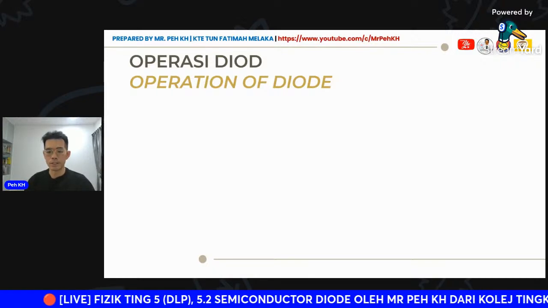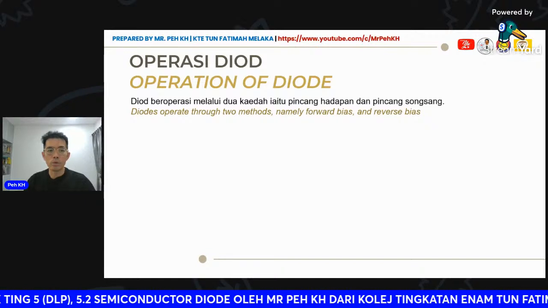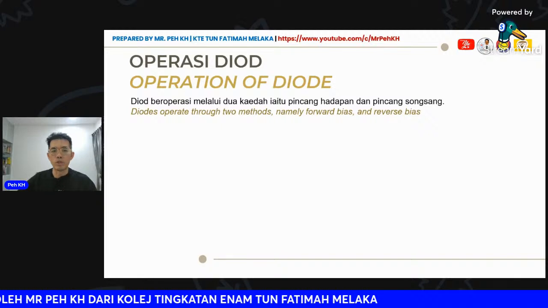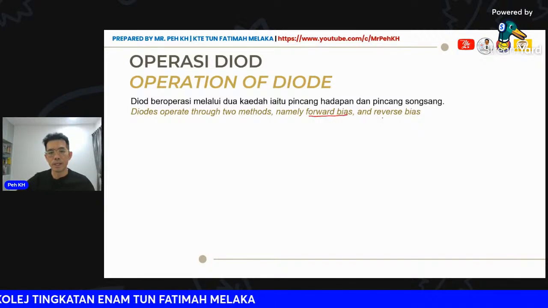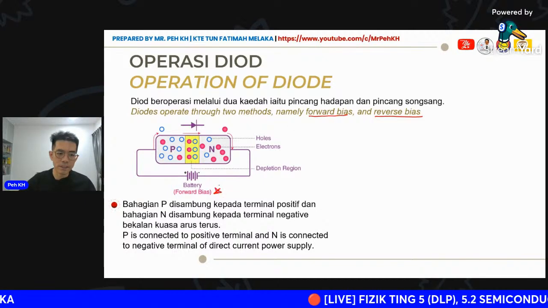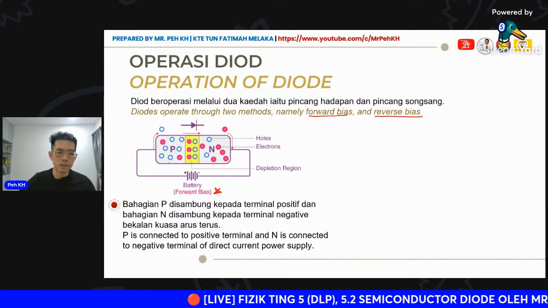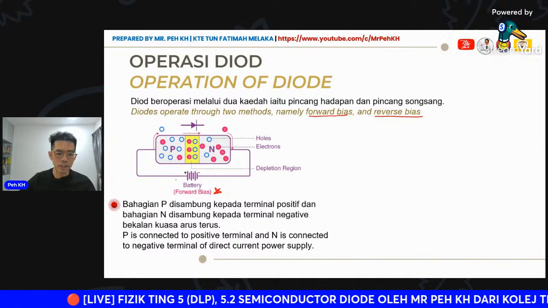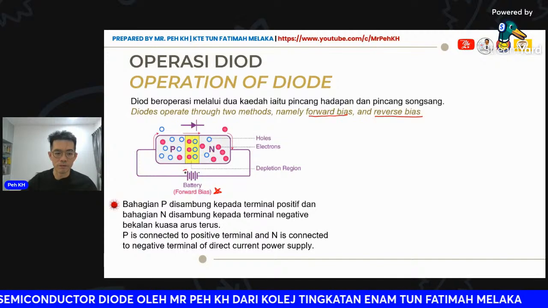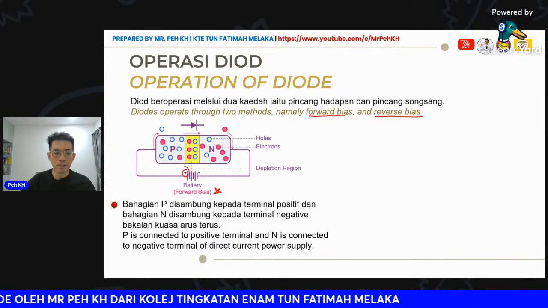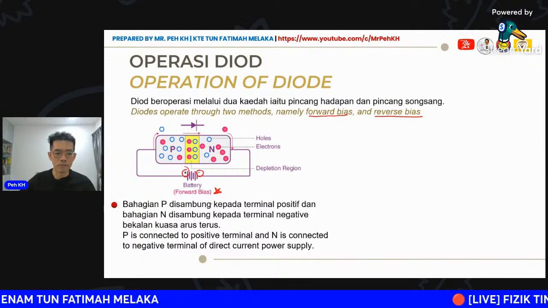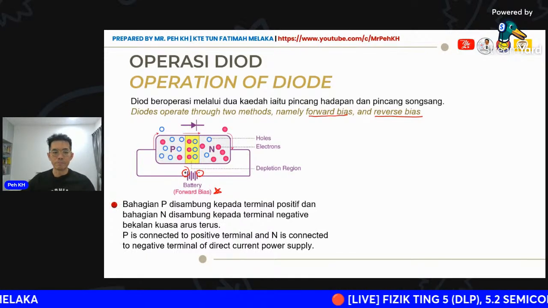Okay, so there will be two methods for the operation of a diode, which are the forward bias and reverse bias. For the forward bias, the P is connected to positive. So here the p-type semiconductor will be connected with the positive terminal of the battery, while the n-type semiconductor will be connected to the negative terminal of the battery.